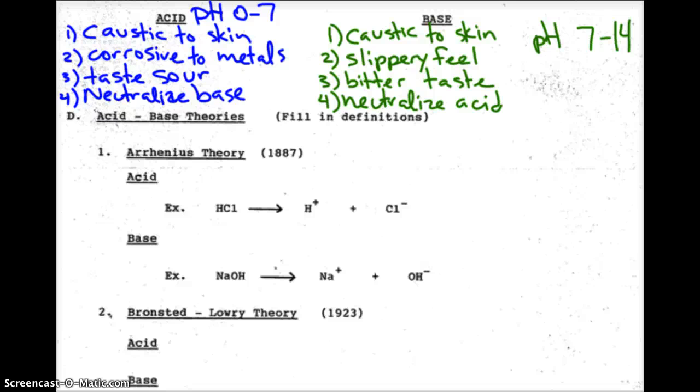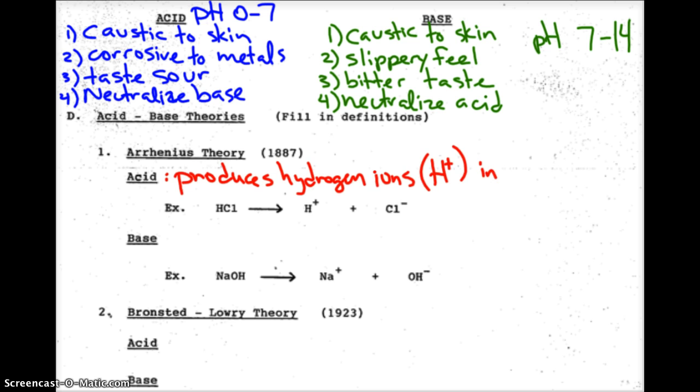What he said an acid was is that an acid is anything that produces hydrogen ions, or H+, in a water solution. So if you could dissolve something like HCl into water and you got H+, that was an acid.